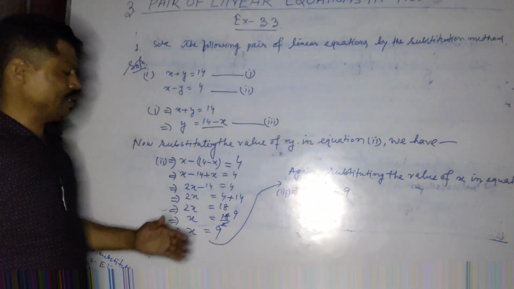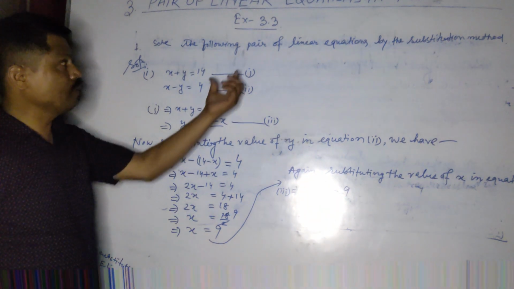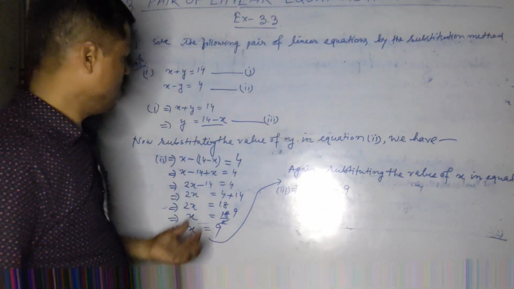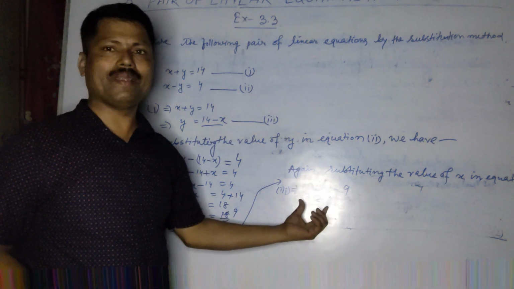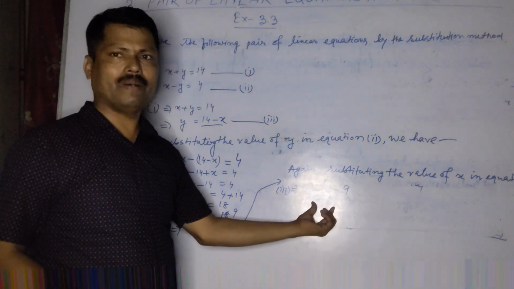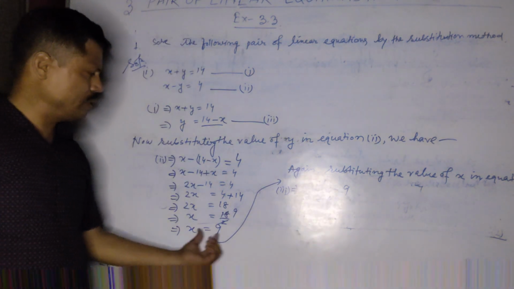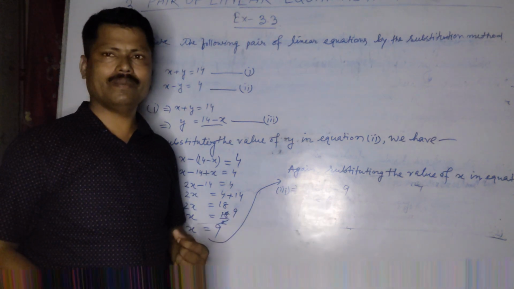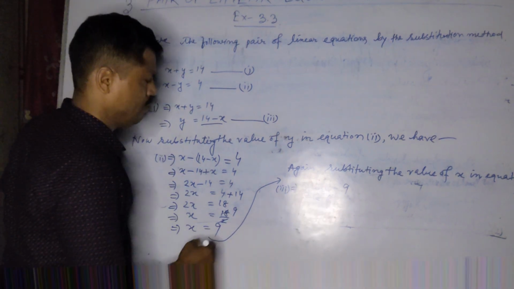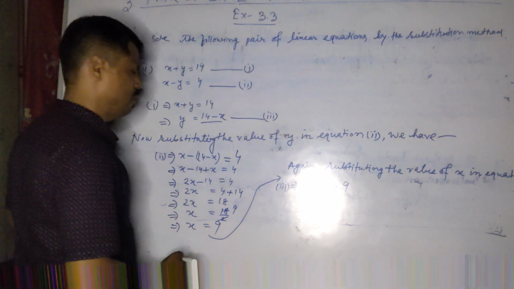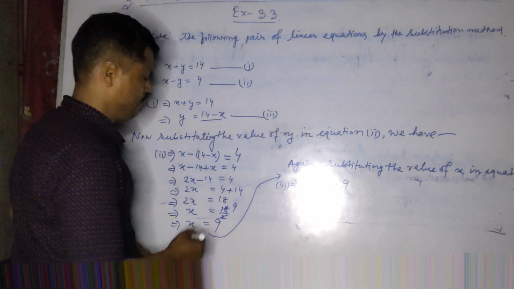Then finally we can say, see, the solution of the pair of linear equations is x equal 9 and y equal 5. So x and y value we have found out already.